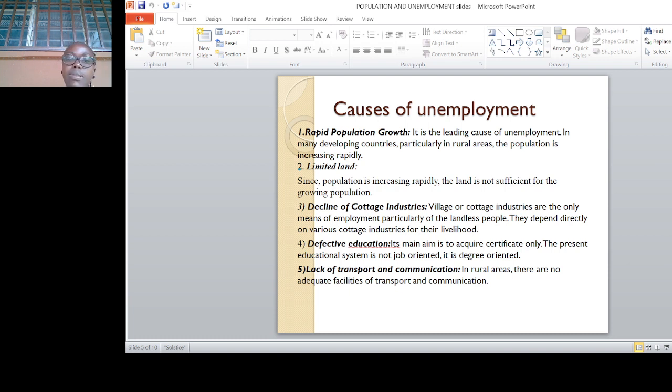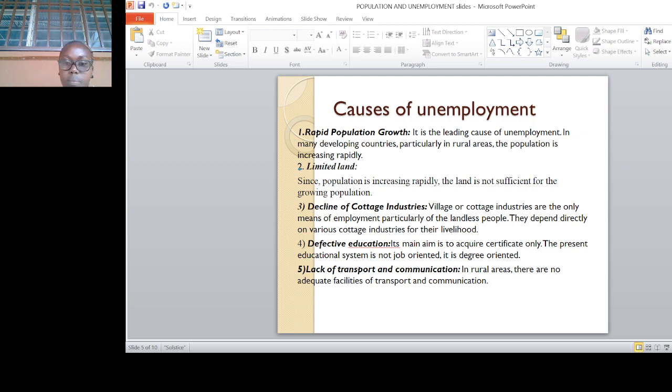Its aim is to acquire a certificate only, and the present educational system is not job oriented. It's degree oriented. There is also lack of transport and communication.